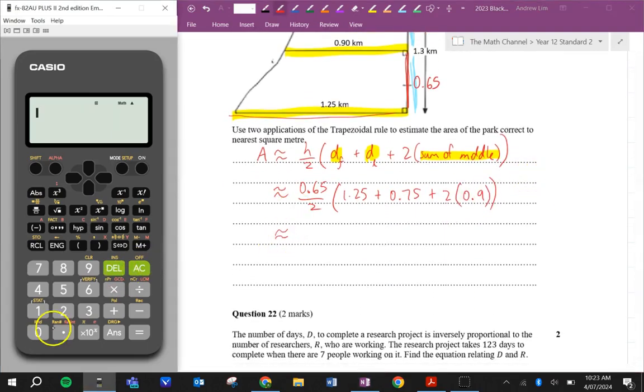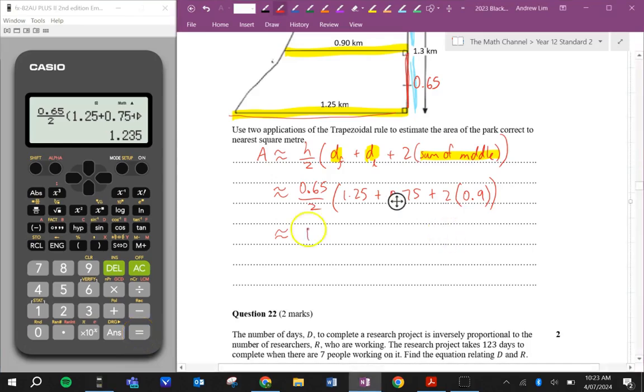And so now we can put this in the calculator. 1.25 plus 0.75 plus 2 times 0.9. And that's 1.235 square kilometers.